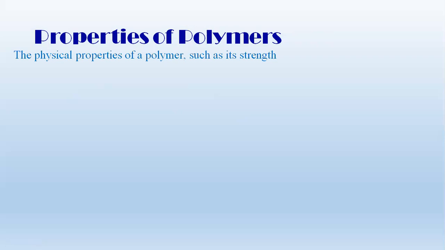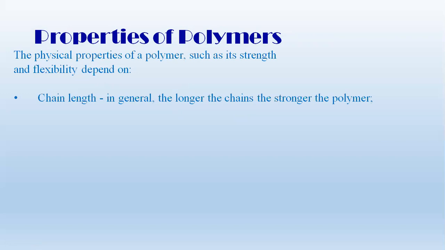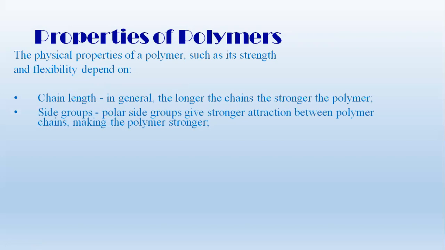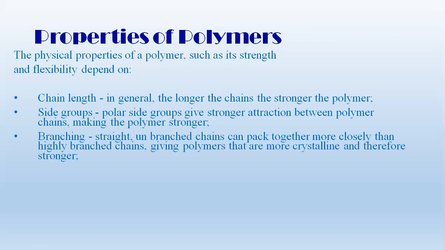Properties of polymers. The physical properties of a polymer, such as its strength and flexibility, depend on chain length. In general, the longer the chain, the stronger the polymer. Side groups: polar side groups give strong attraction between polymer chains, making the polymer stronger.